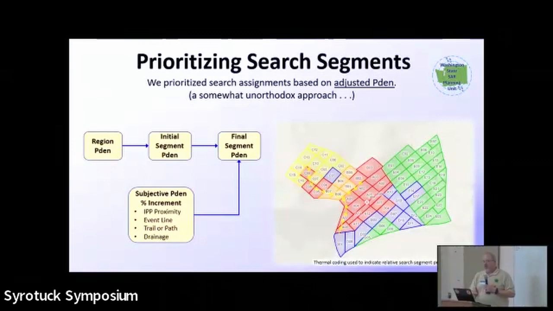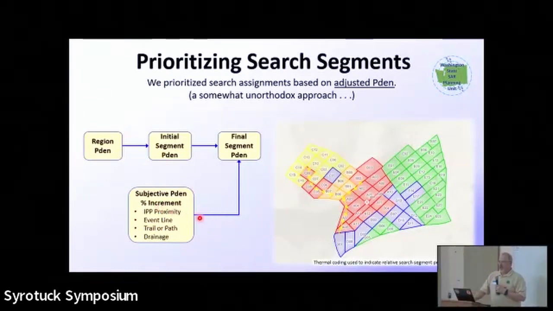And so what we did is another kind of subjective PDEN incrementation. So based on some of these factors, proximity to the IPP, proximity to the event lines, trails, paths, drainages, those sort of things, we took the initial PDEN that we're getting from the regions, and then we bumped those up subjectively based on the criteria that we wanted to show for the high probability zones, right?